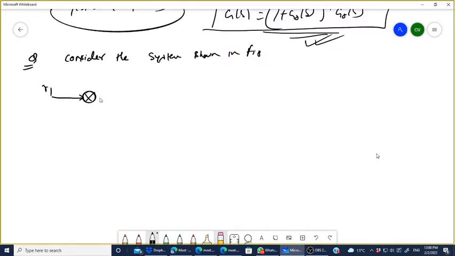This is the R1. See very carefully, GC11. I hope all of you are aware of this circuit.